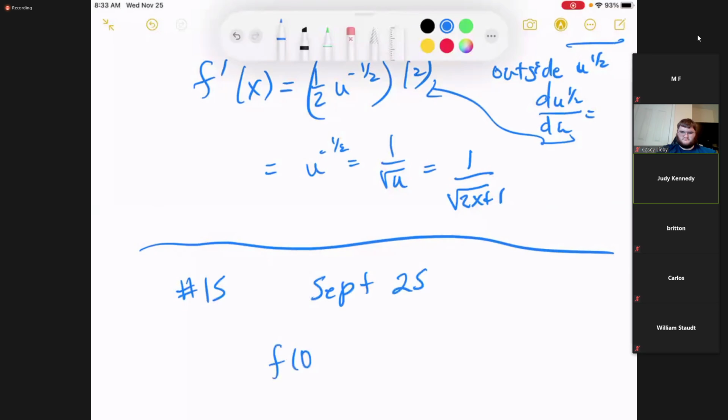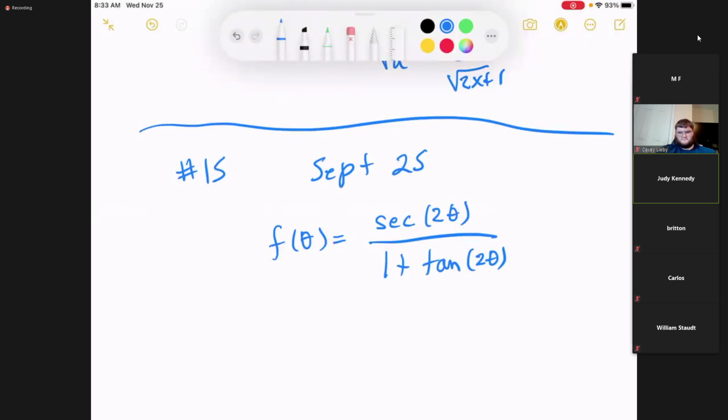Okay, so I've got f of theta is equal to the secant of 2 theta over 1 plus the tangent of 2 theta. Okay, and now we're using the differentiation rules or the differentiation laws, or sometimes I call it techniques of differentiation.